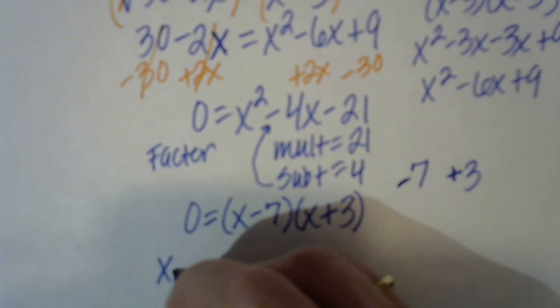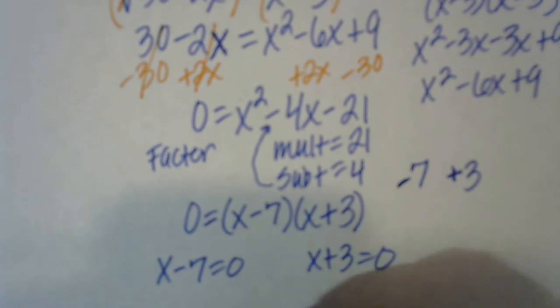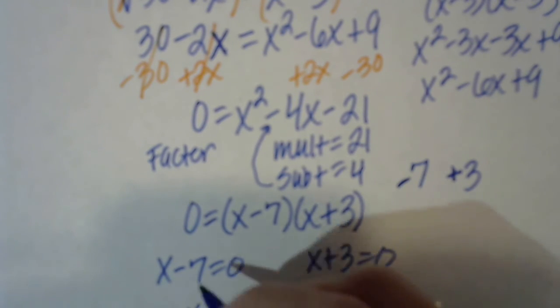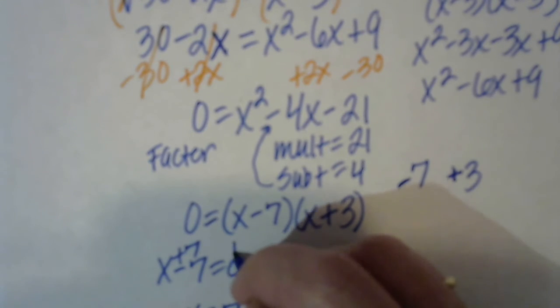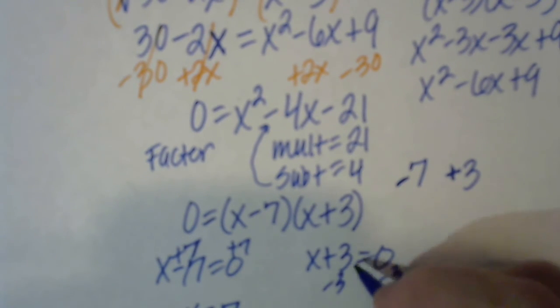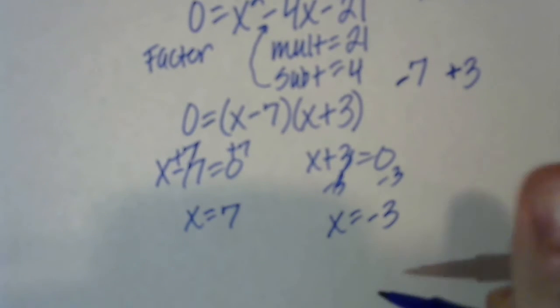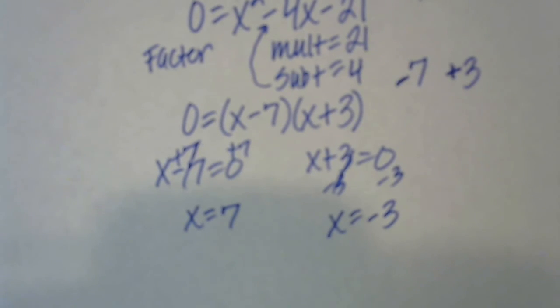So we set each of those equal to 0. So we get x equals 7 and x equals -3. But I know I have to check both of those.